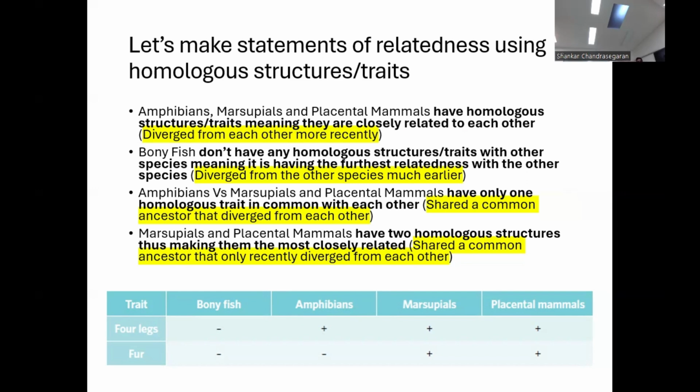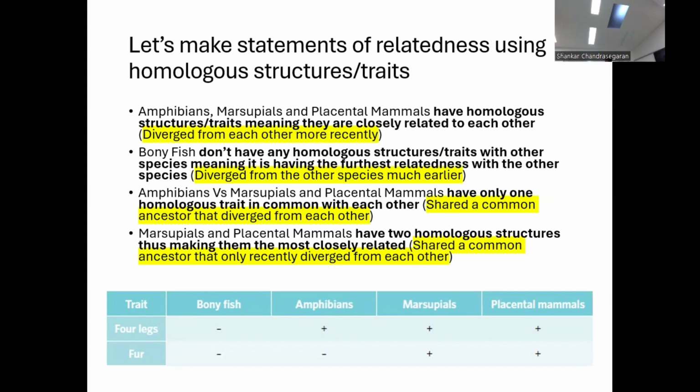Depending on the type of phylogenetic tree that you're constructing, whether the conventional family tree shape or this shape, you need to know how to accurately draw it out. So we know that amphibians have one homologous structure in common with marsupials and placental mammals, but not the other. So they would have diverged at some point to become their own lineage. And finally, we have marsupials and placental mammals, and you can't have one leaf having two species, so they would have diverged as well.